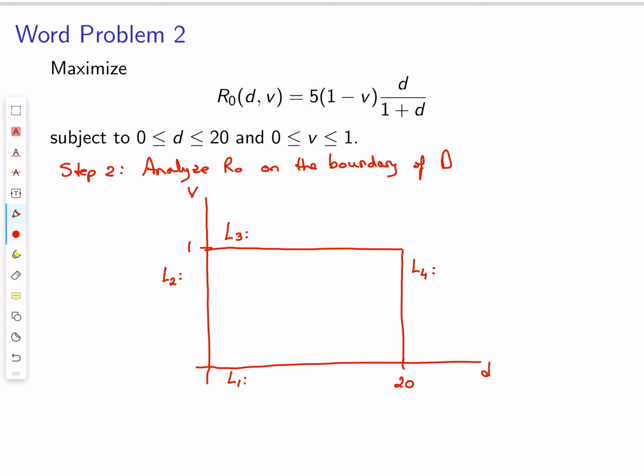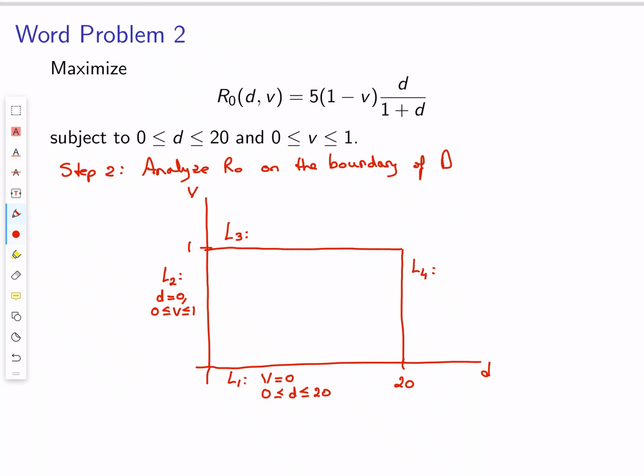On L1, we know for sure that V is equal to 0, and we also have the restriction that D has to be between 0 and 20. On L2, we have D equal to 0, with the restriction that V is between 0 and 1.